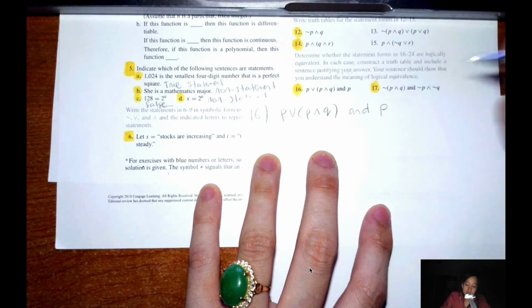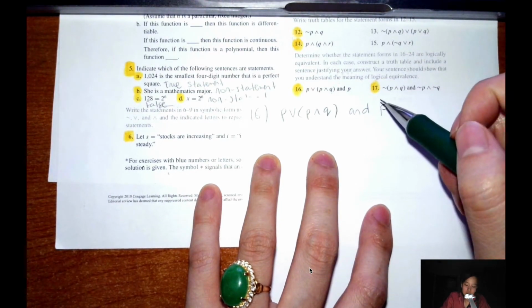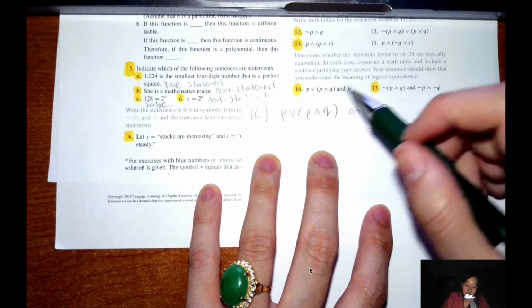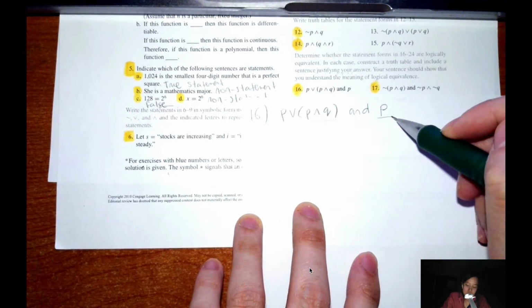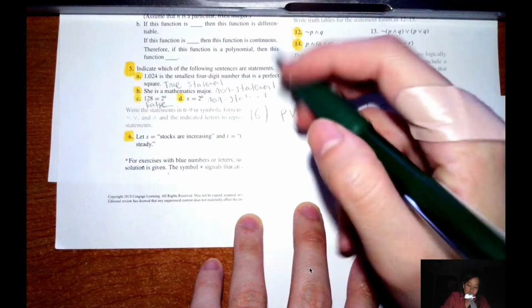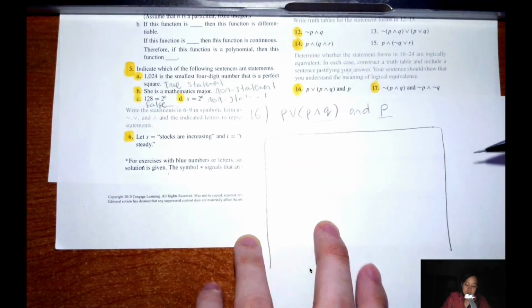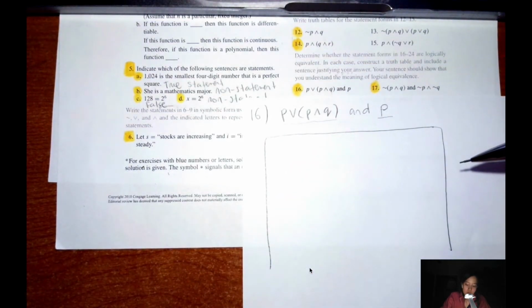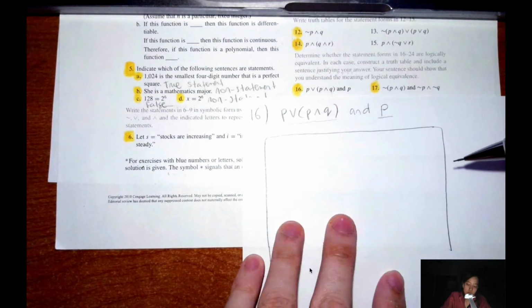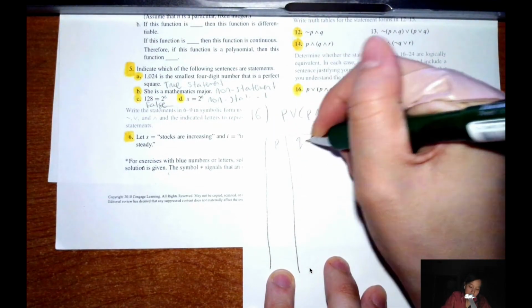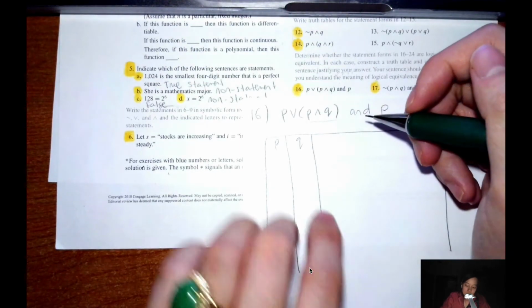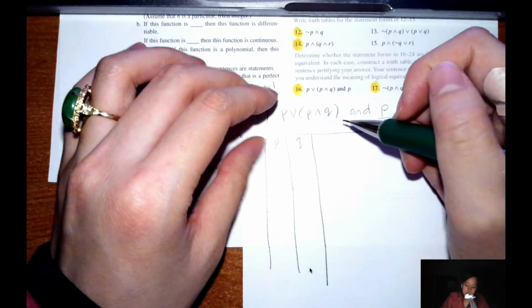So what you're going to have to do is create a truth table that includes these two statement forms as columns in the first row. The first thing you should do when creating a truth table is put down all the symbols. So we have P and we have Q. After that, we look at the next most basic component.